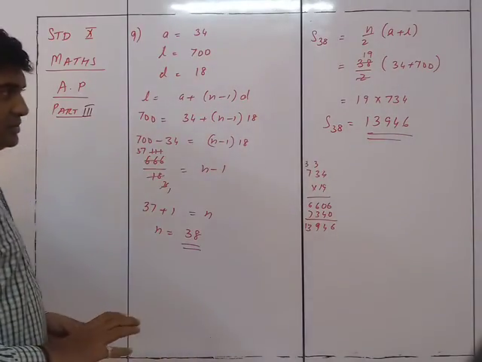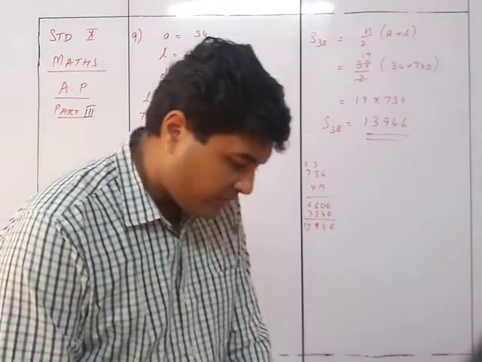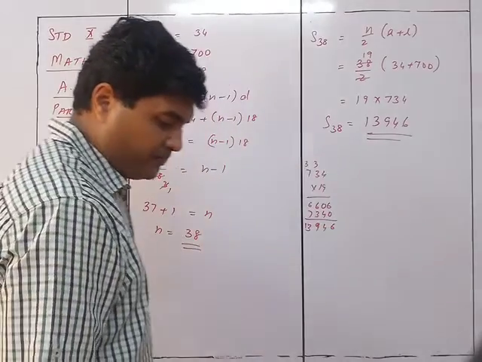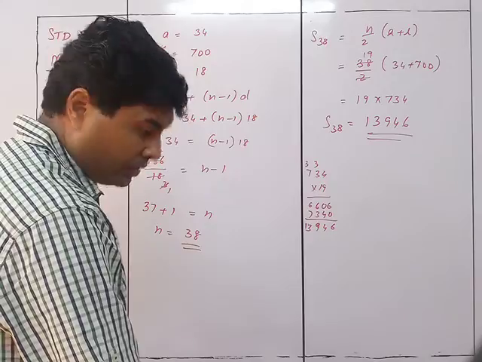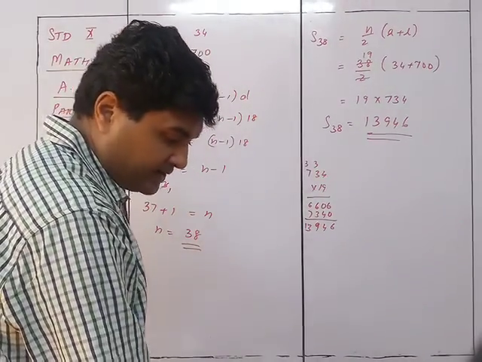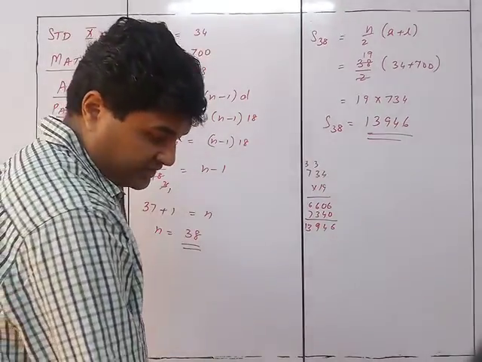So the answer to sum number 9 is 38 terms and a sum of 13946.